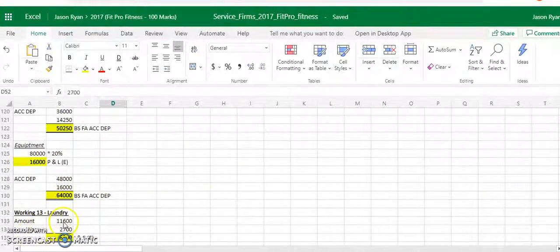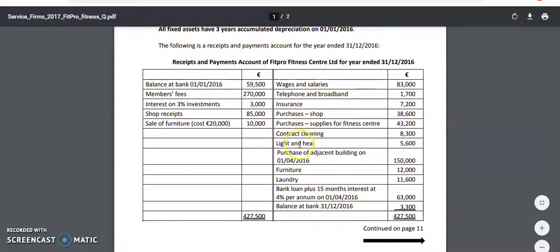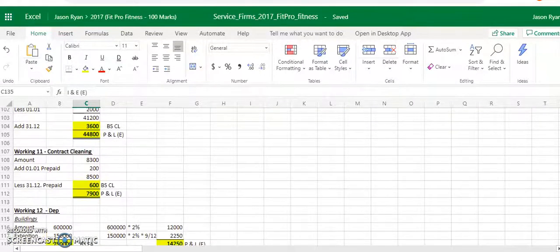So down here, your laundry amount in the question is going to be 11,600, and then you're going to take away that 2,700. So that's going to be a laundry figure that goes into your income and expenditure, or your profit and loss, as part of expense.